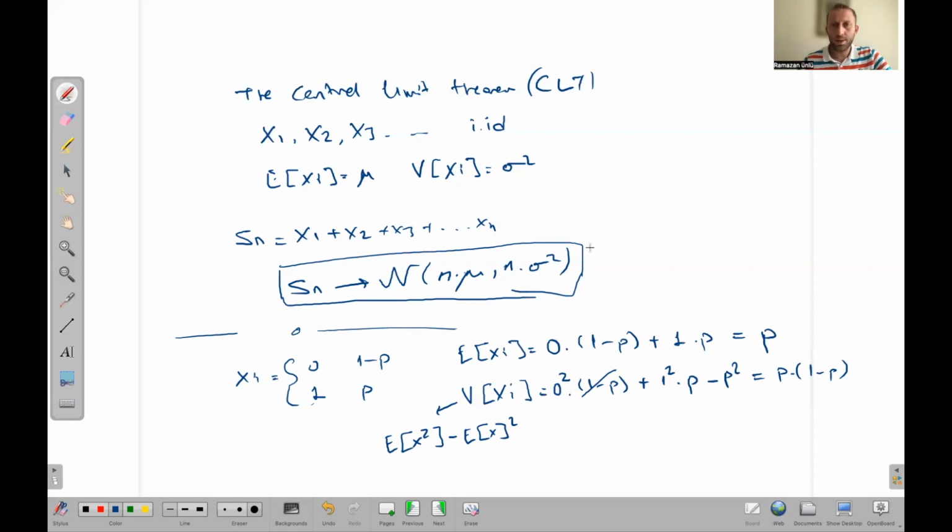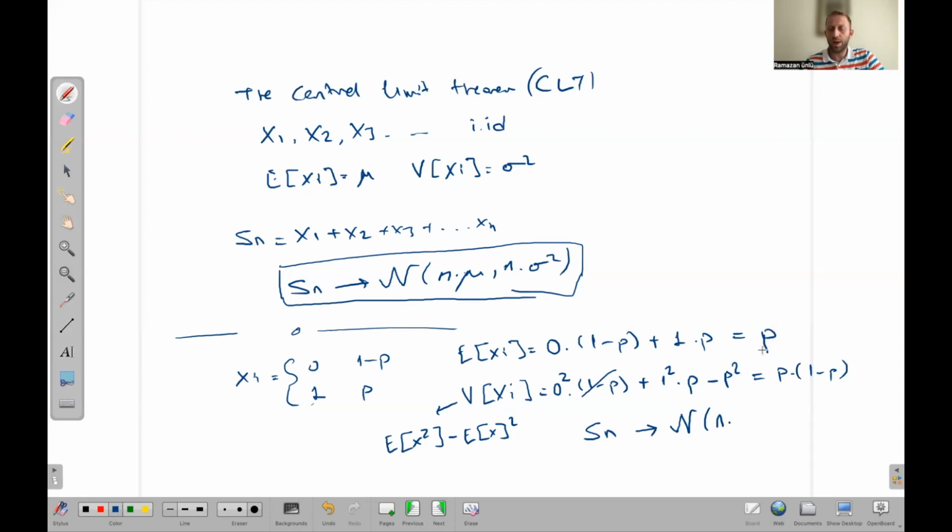So what does the CLT, the central limit theorem, tell us? The sum of n of those random variables will have a normal distribution with the parameters n times mu and n times sigma squared. So if I took n of them, Sn will be n times mu. What is mu in here?